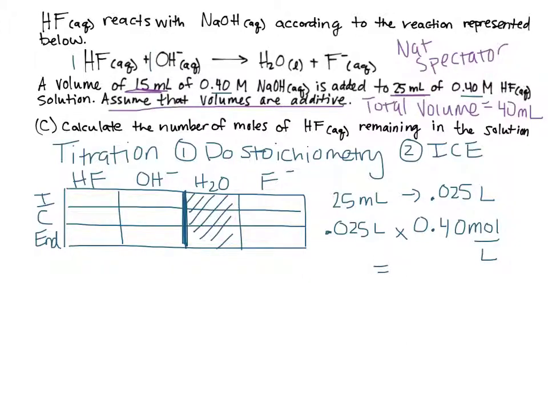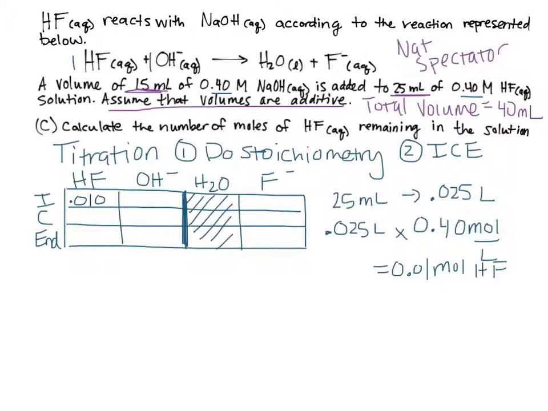This will get me my moles of HF that I'm starting with. So just put that into a calculator, and you end up with 0.01. Well, I guess you'd have to add another 0 in there. We'll do that in the table. So 0.010 moles of HF for starting.